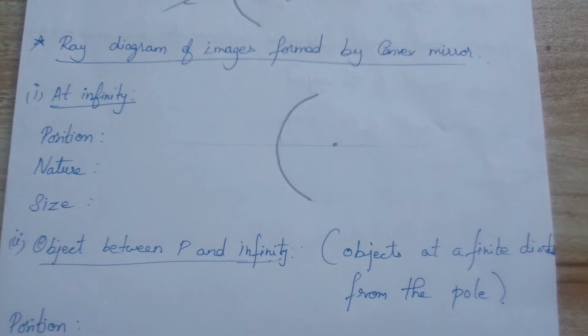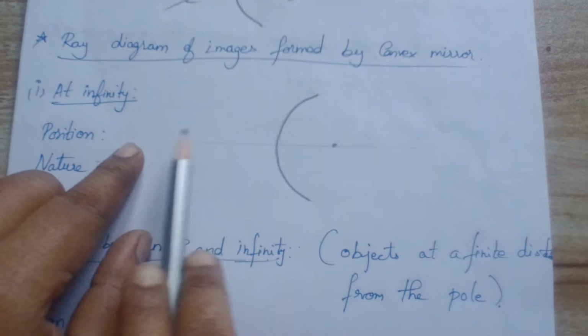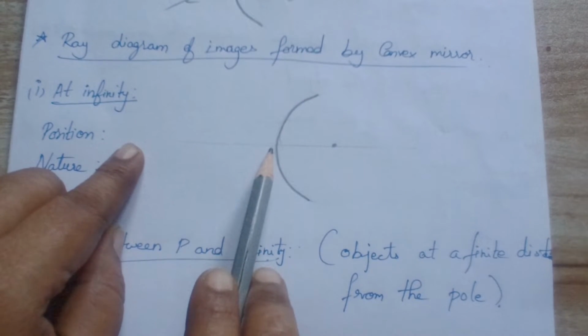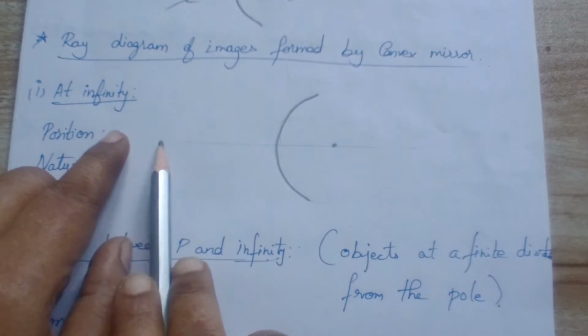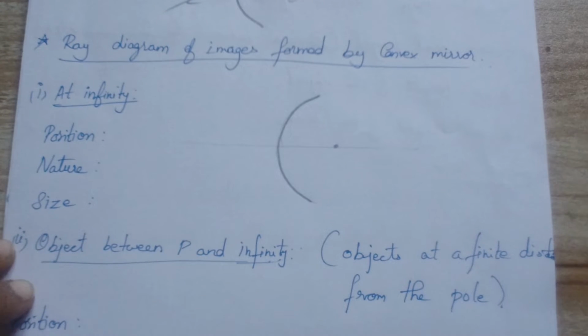Only two possibilities are there for where the object can be placed. Either the object may be placed at infinity or at a finite distance from the mirror, that means between the pole and infinity. First we'll take the object at infinity.